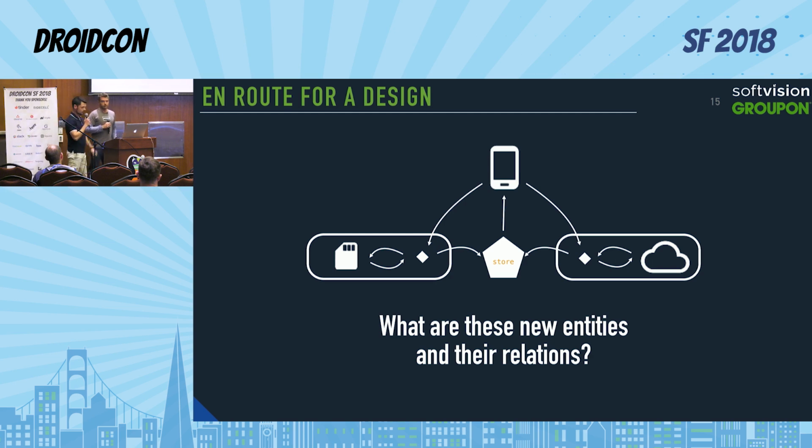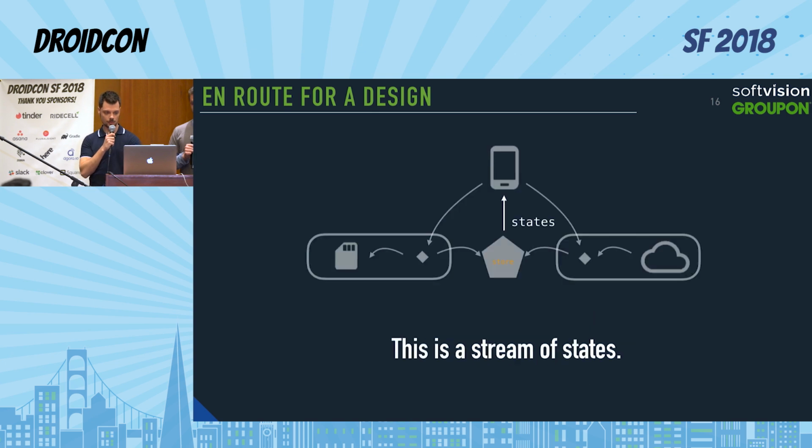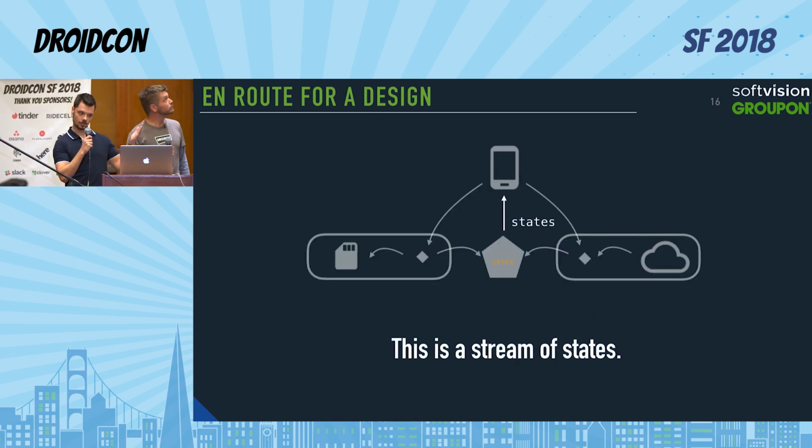Yes, so now we have a pretty good idea of how our state management design looks like, but as in any design, you have to have clear concepts for every entity inside the design. So let's see how these arrows and these components map to entities in our code. The first one, the arrow from the store to the UI, represents a stream of states.